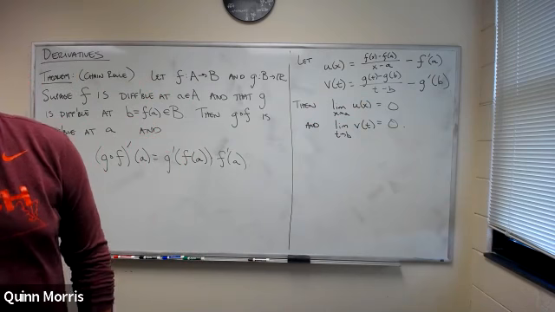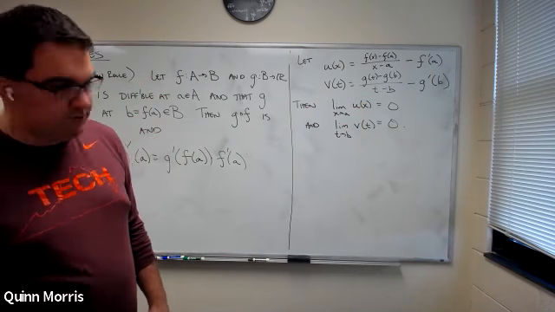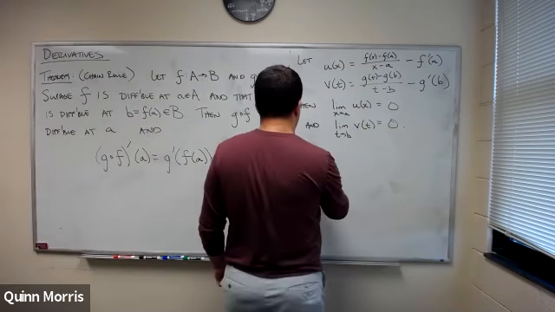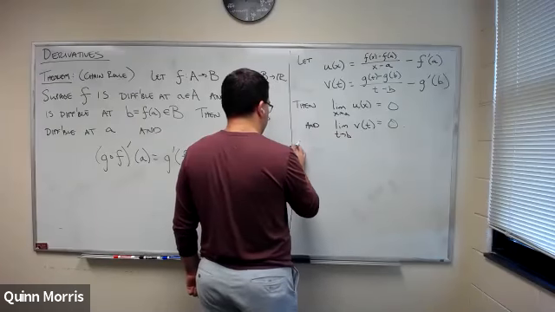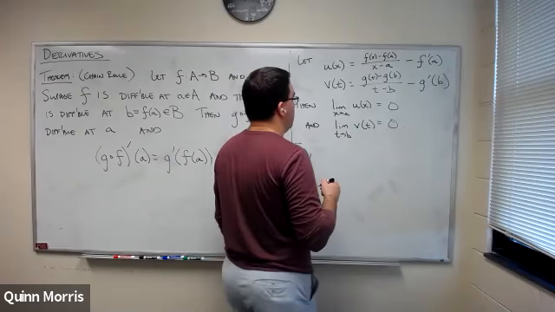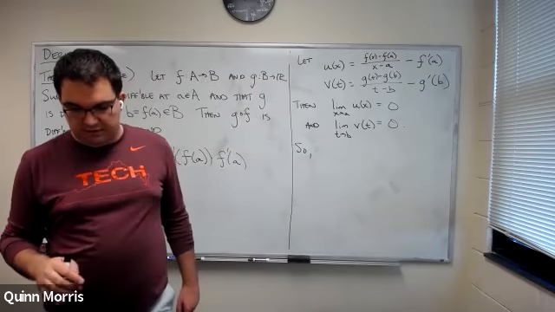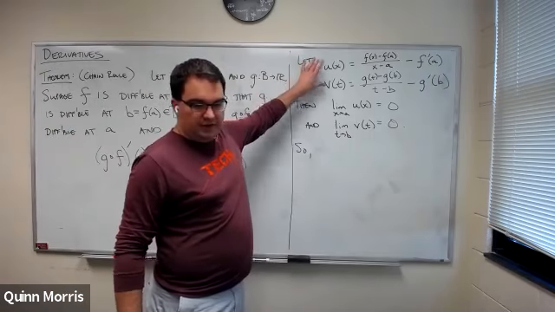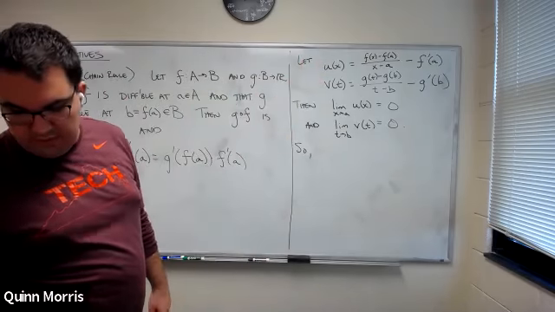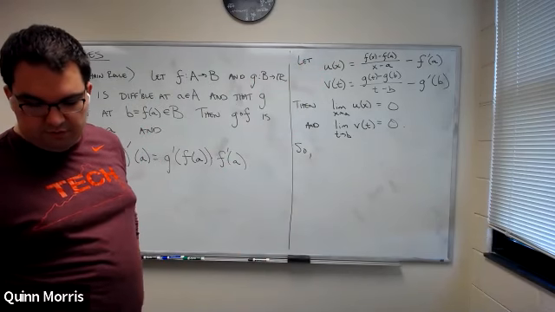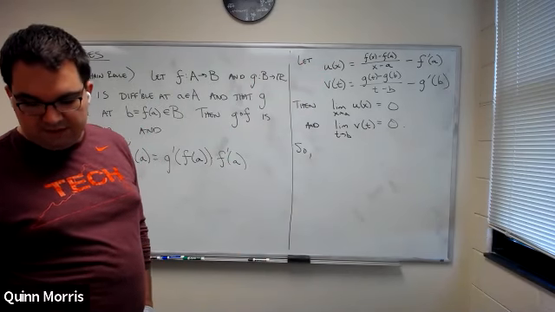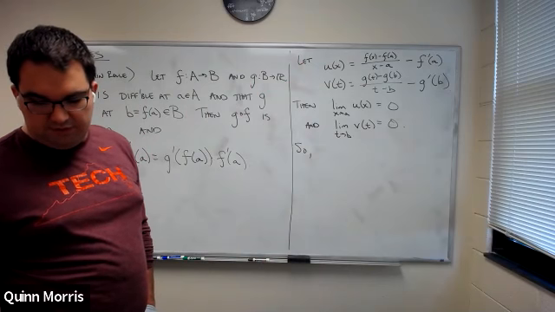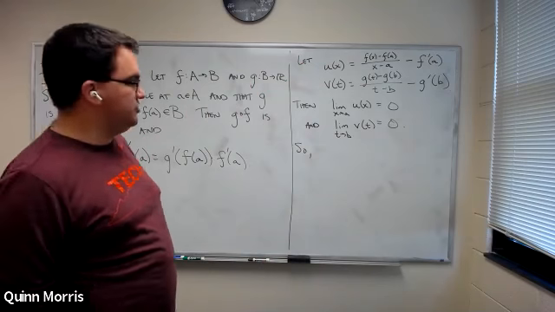So let me do a little algebraic manipulation here. Let me take these first defining equations. I'm going to solve the first one for the quantity f of x minus f of a, and I'm going to solve the second one for the quantity g of t minus g of b.